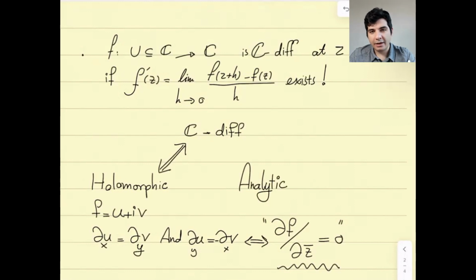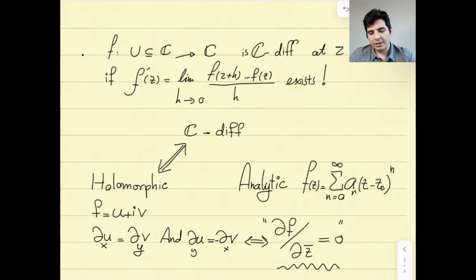We say a function f is analytic if for any point z naught, in a small neighborhood of it, we can express f as an infinite sum of this form, some constants a n times z minus z naught to the power n. If the right-hand side uniformly converges when z minus z naught is sufficiently small, we say f is analytic.